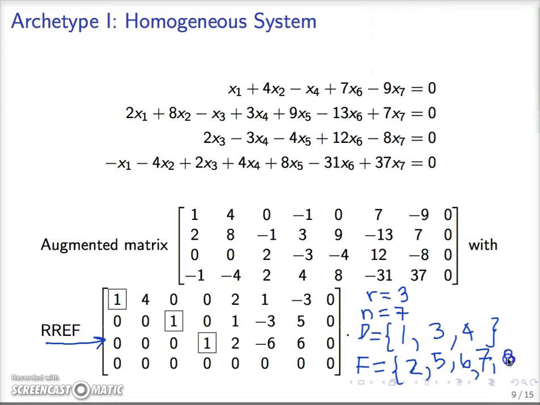This implies that x1, x3, and x4 are the variables that we're going to classify as dependent.